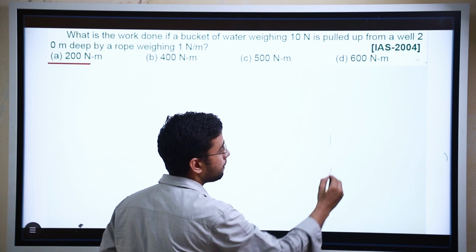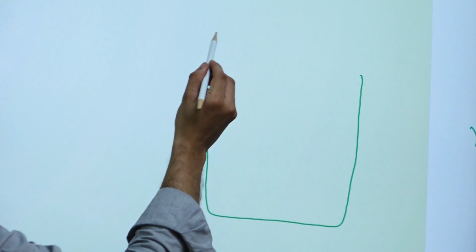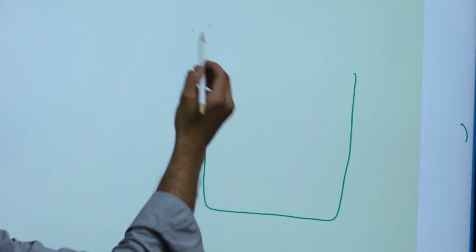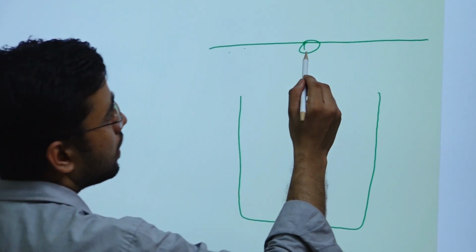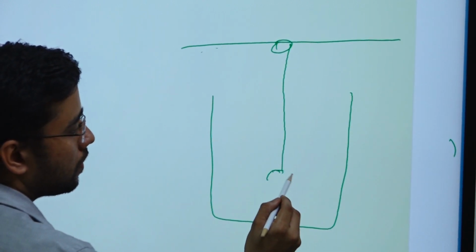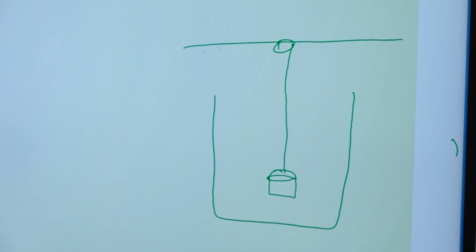Suppose we have this well here and a person is here. We have some sort of girder or crane type of thing, and a motor here, and we have a rope, and from this rope we have attached this bucket.